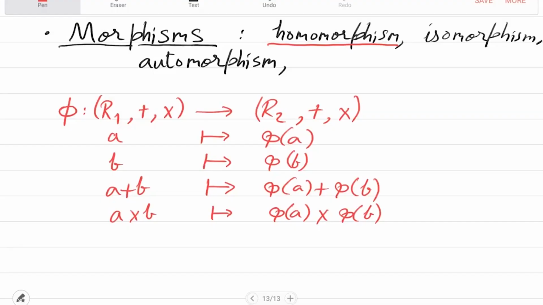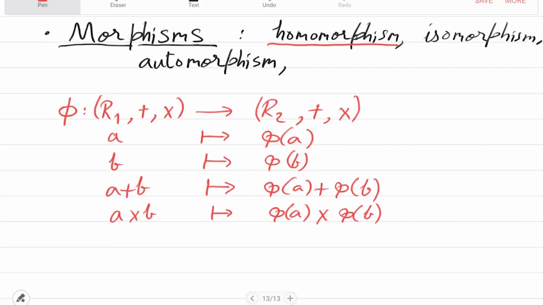Yeah, so now once you have defined homomorphism, you can talk about its many variants. So phi will be called an isomorphism if, at the level of sets, basically it's a bijection.